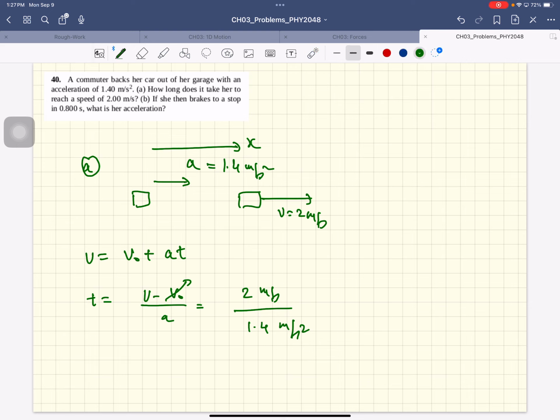So this is 2 over 1.4, which is 1.43 seconds.